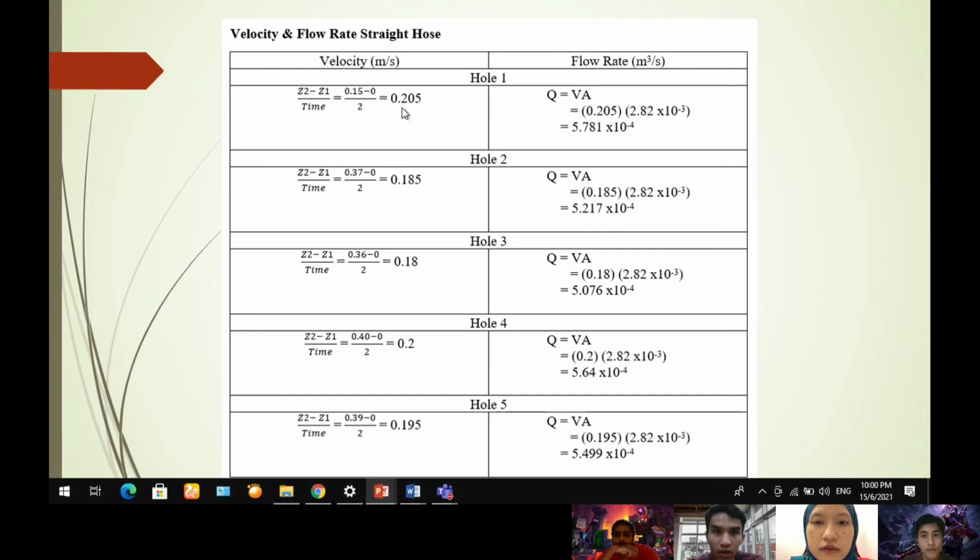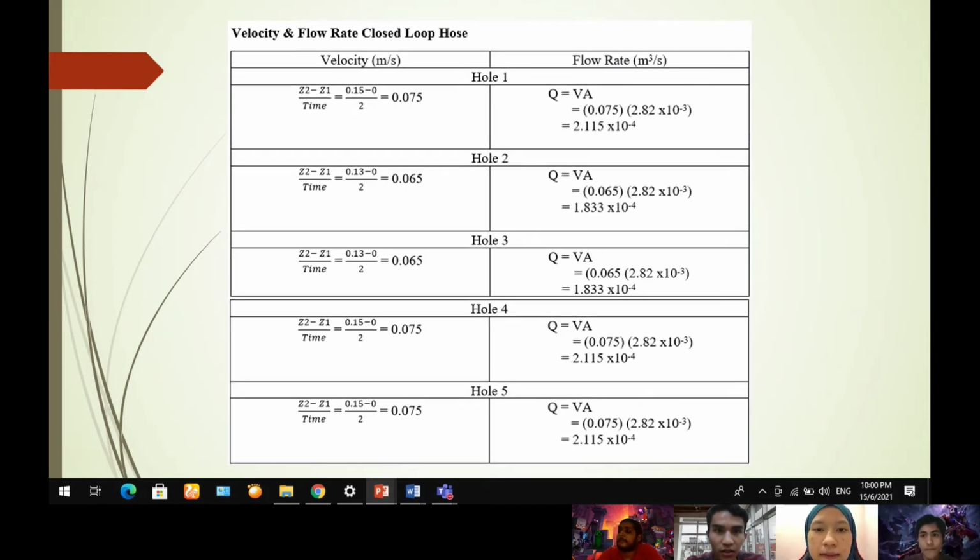This is for hole 1. The velocity is 0.205 and the flow rate is 5.781 times 10 to the power of negative 4. This is for hole number 2, the velocity, the flow rate, then hole number 3, hole number 4, and hole number 5.